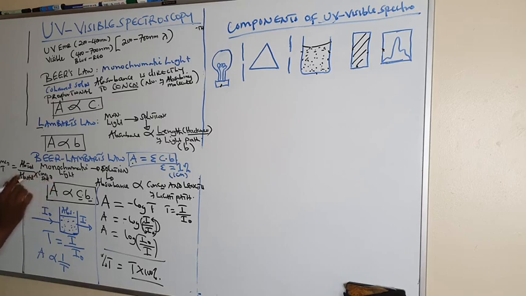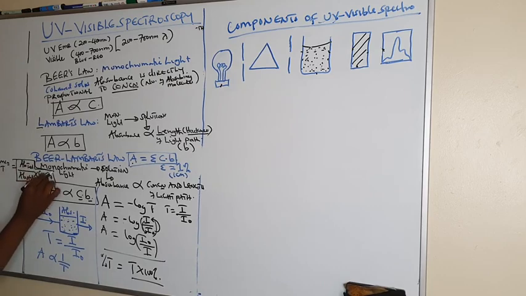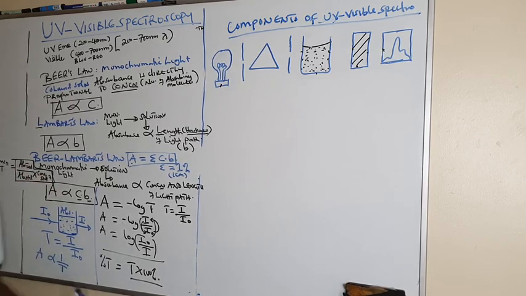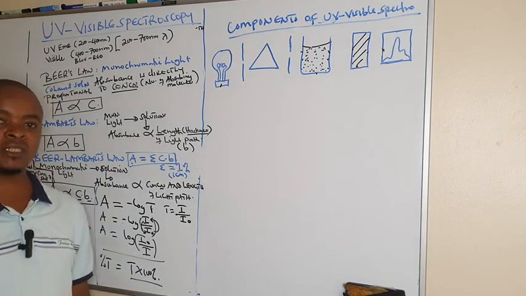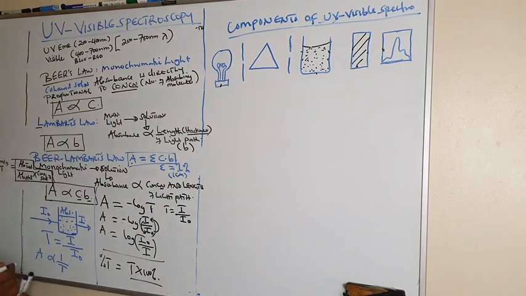So this can also be used in calculating concentrations of solutions. That's why we say that UV spectroscopy can also be used to determine the quantity or the concentration of molecules within a solution.